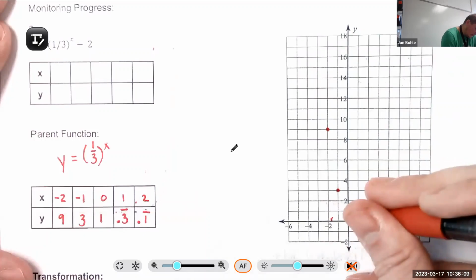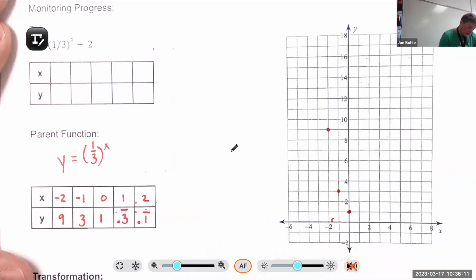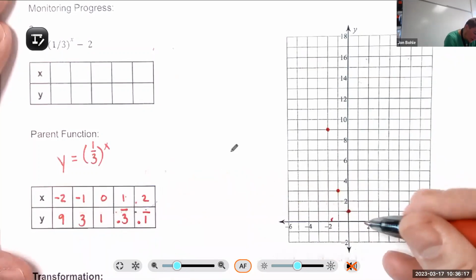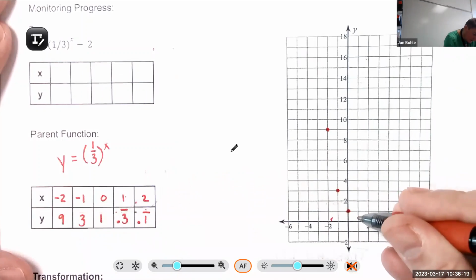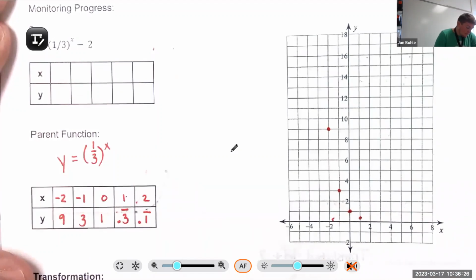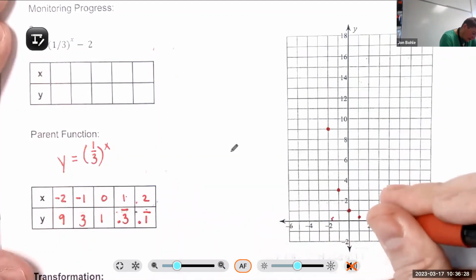Next one, x value 0, y value 1. X value 1, y value 0.3. That's probably right about here, about 1/3 of the way up. And then x value 2, y value 0.1.